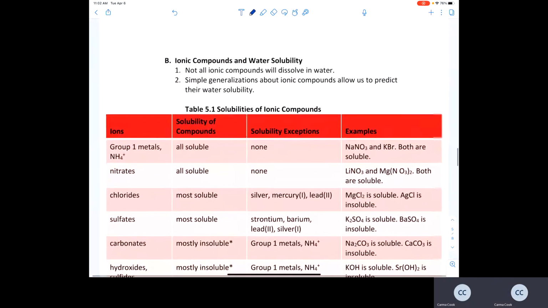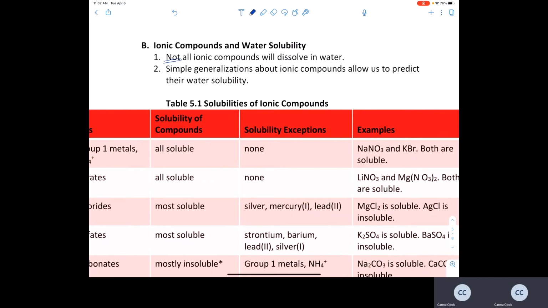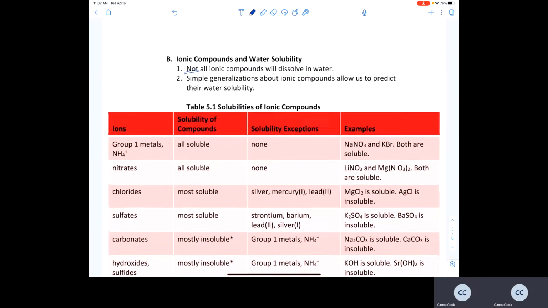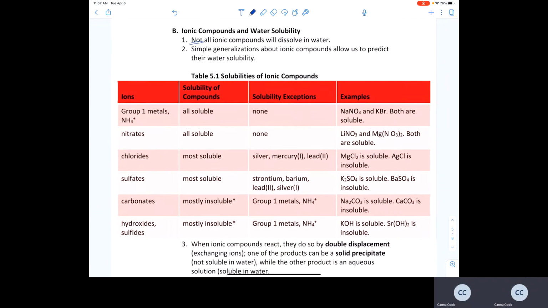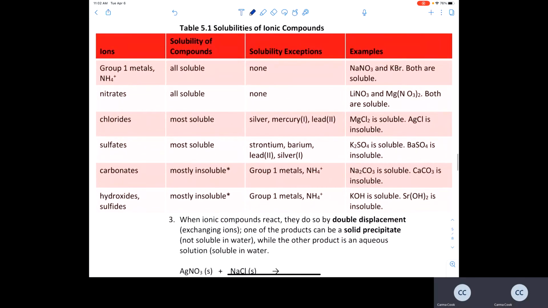So do all ionic compounds that exist dissolve in water? No, they do not. Most do, but some do not. So this is our solubility rule table.